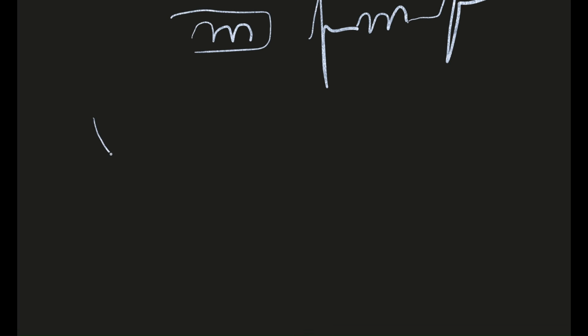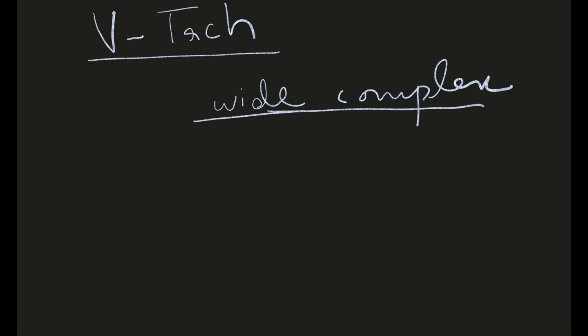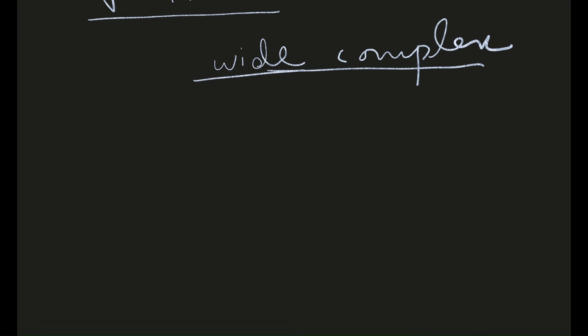Now, that brings me to the next and one of the deadliest arrhythmias, V-Tach, ventricular tachycardia. There is a different type of classification for ventricular tachycardia. Basically, it comes under the heading of wide complex tachycardias. There is monomorphic ventricular tachycardia and there is polymorphic ventricular tachycardia.